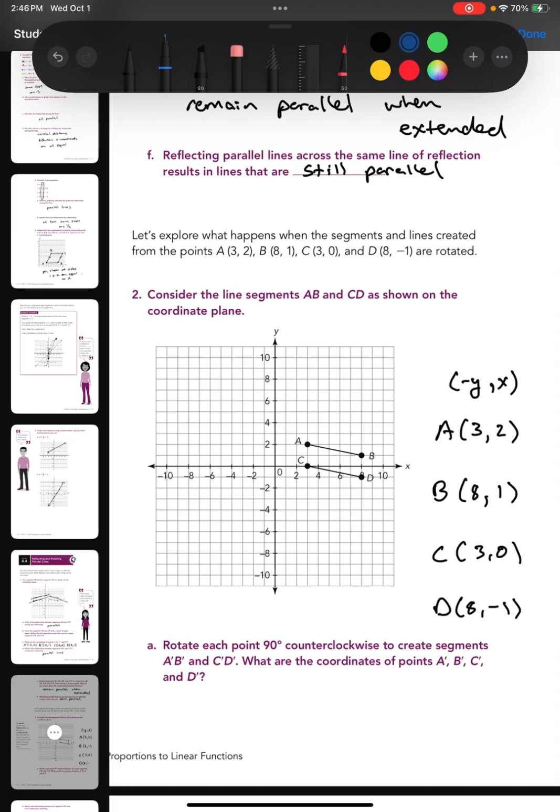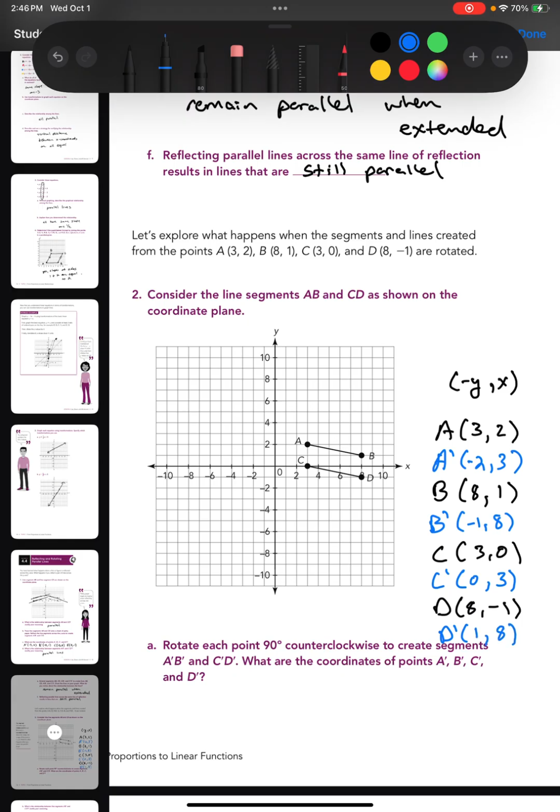So if we rotate those based on that rule, our new A value is going to be at negative 2, 3. Our new B value is going to be at negative 1, 8. Our new C value is going to be at 0, 3. And our new D value is going to be at 1, 8.